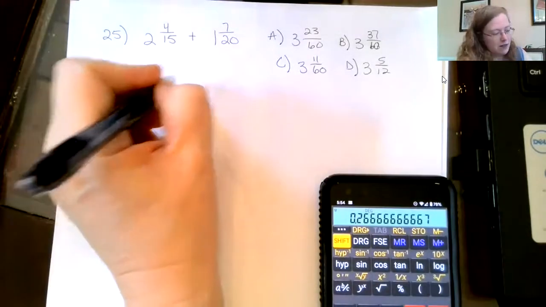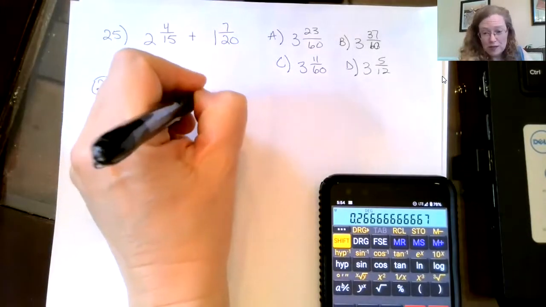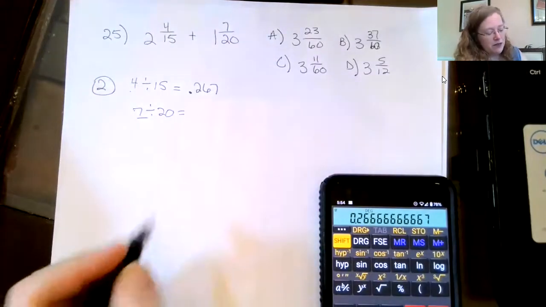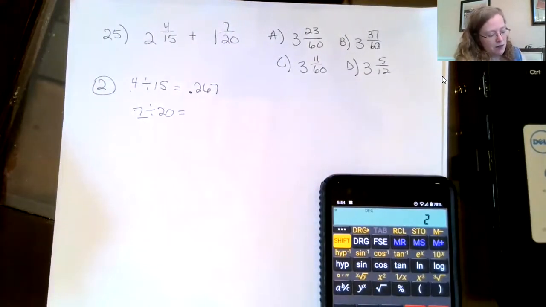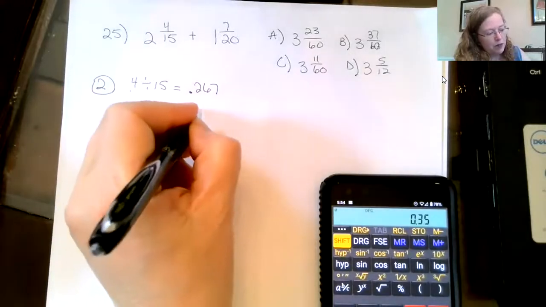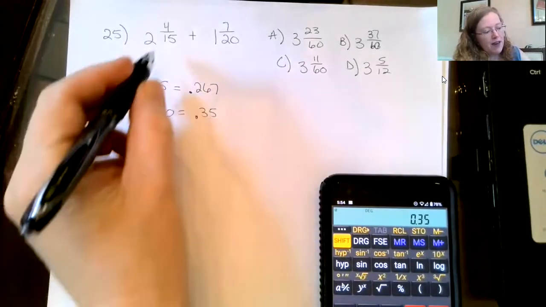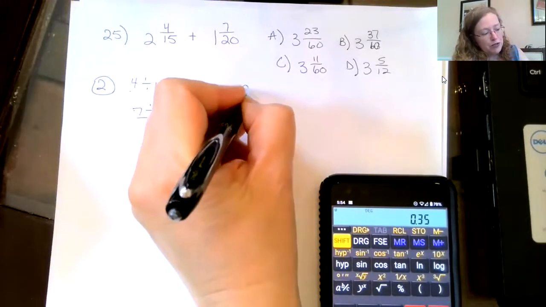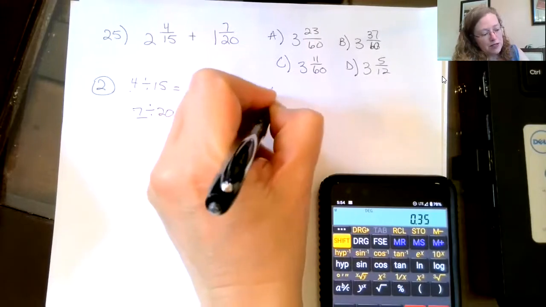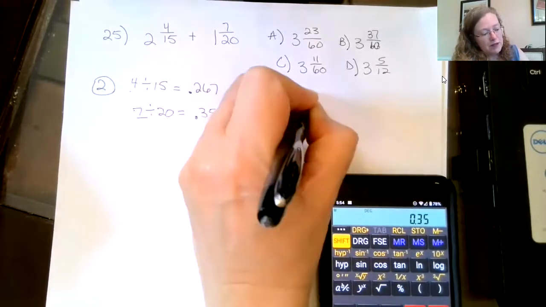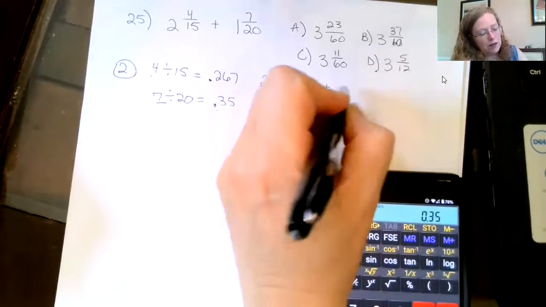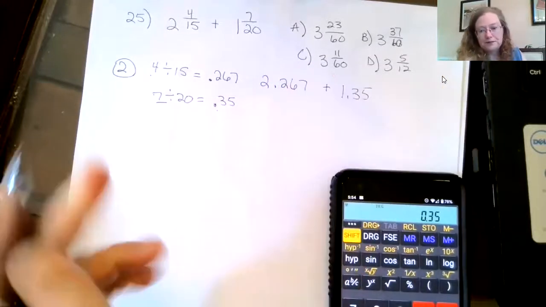We've got, I'll do it to 3 decimal places, so 0.267. 7 divided by 20 is 0.35. That means that I'm going to do 2.267 plus 1.35.